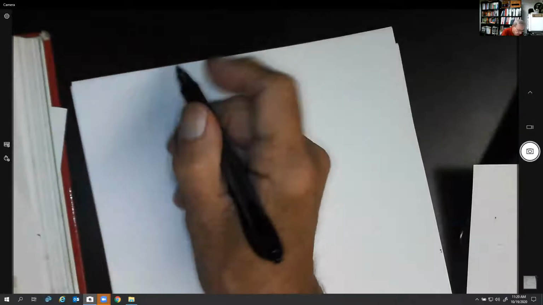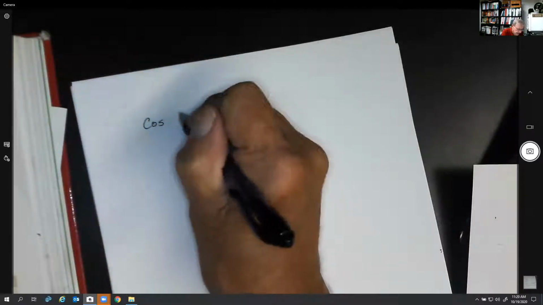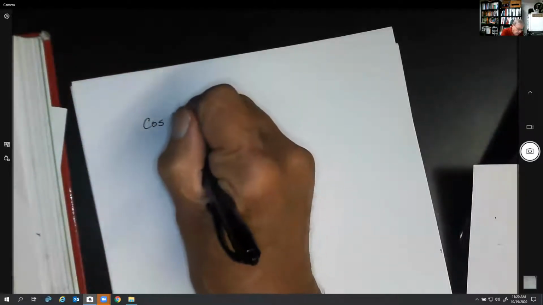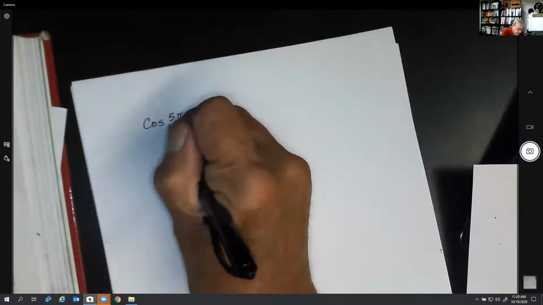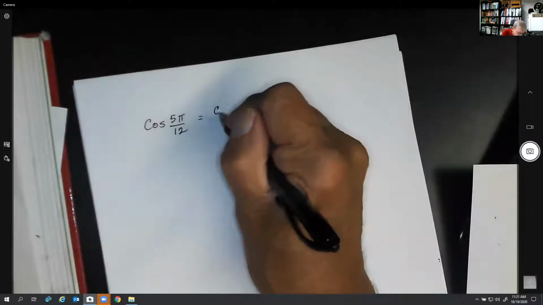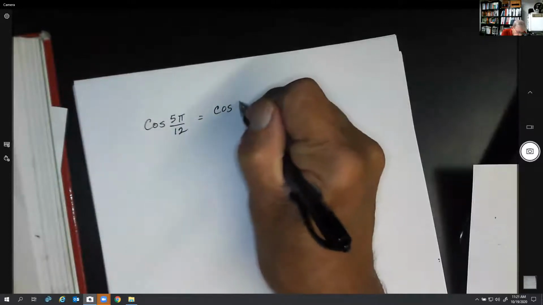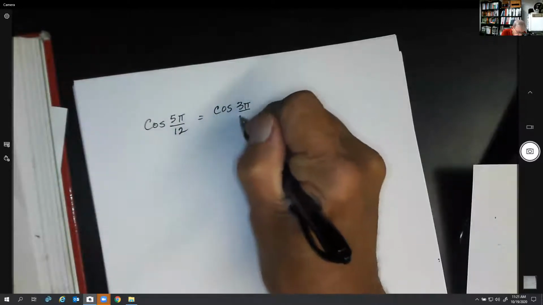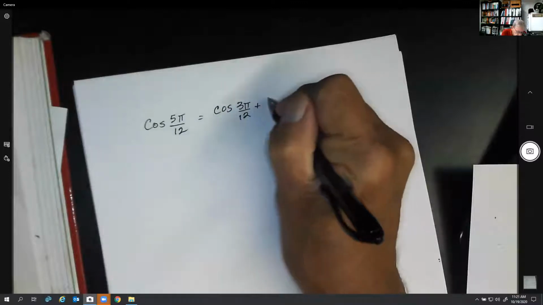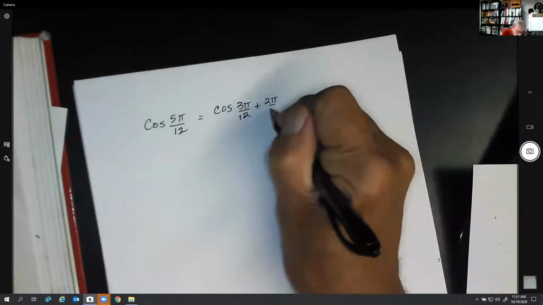This one is a little bit harder. When they're in radical form, they're usually a little tougher. So we have the cosine of 5 pi over 12. So we could say this is the cosine of 3 pi over 12 plus 2 pi over 12, right?